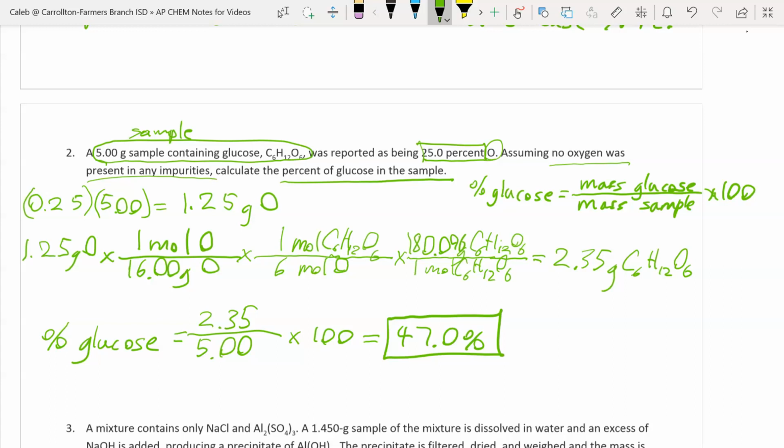So I can rightly assume if I know the percent of oxygen, I could find out how much oxygen there is by multiplying by the sample. I could take that and convert to moles of oxygen. If I know the moles of oxygen, then I know how many moles of C6H12O6 there were, because we know that all of the oxygen came from this. And there are 6 moles of oxygen for every 1 mole of C6H12O6. And then we could use the molar mass to find the number of grams of C6H12O6.